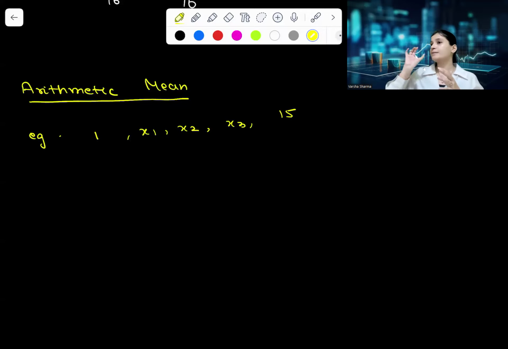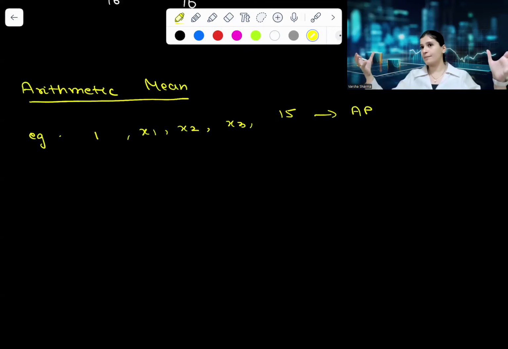Once I put those three numbers in between them, the sequence that I get in return is going to be an AP. That is what arithmetic mean means. If you have your extreme numbers, your first and your last number, no matter how many numbers you want to put in between them, the sequence that we get in return has to be an arithmetic progression. So if this is an AP, the common difference is the same.